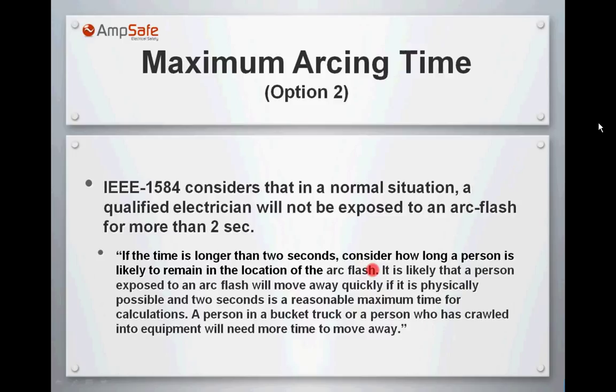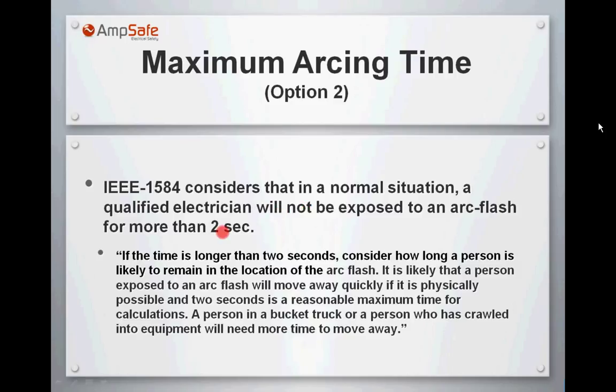How much more? Well, it depends upon your criteria, okay? It's a very touchy situation with a lot of liabilities, so you have to use your own reasoning there. You're not protected by the IEEE anymore with a written maximum time, okay?